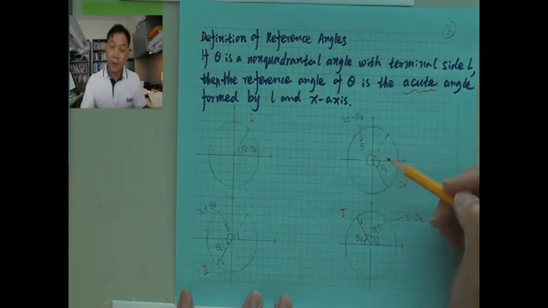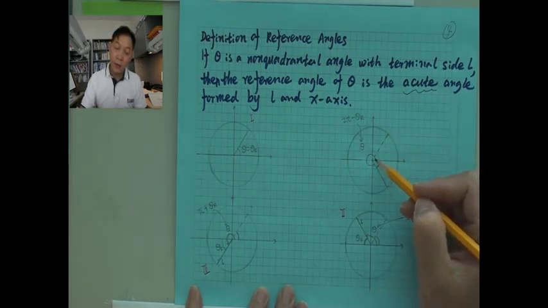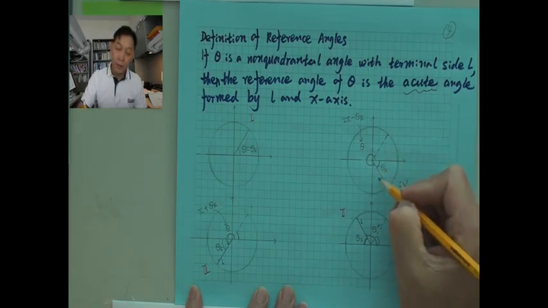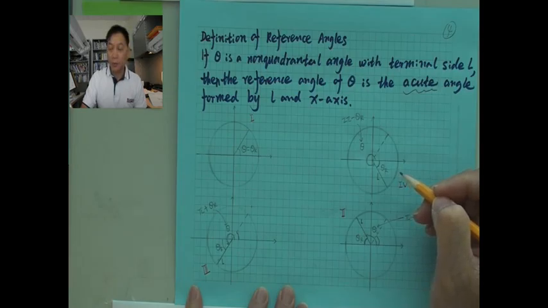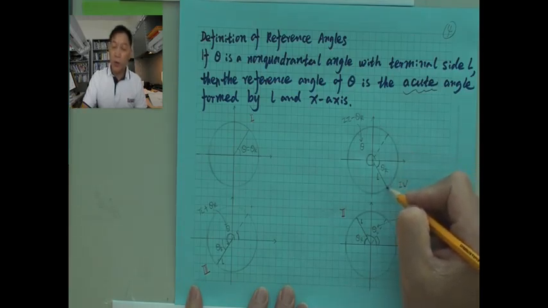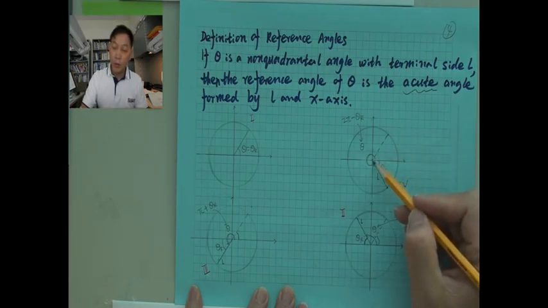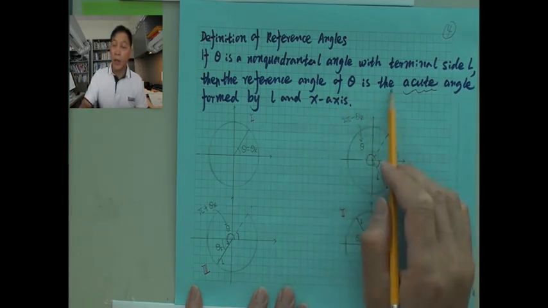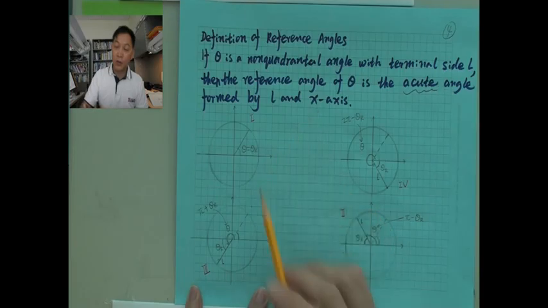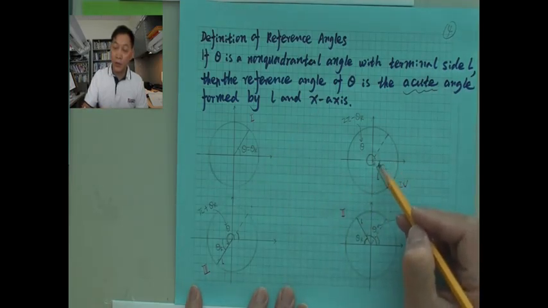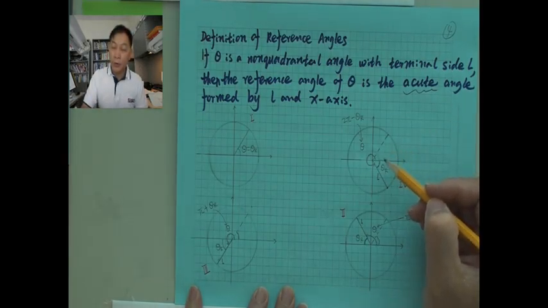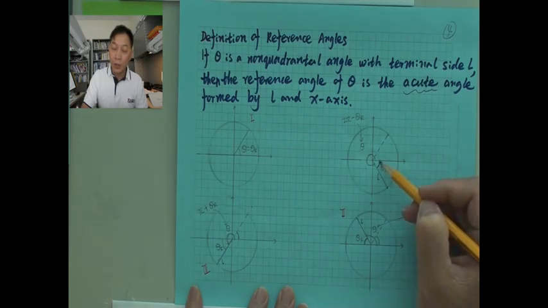Okay. Now, if the angle theta goes in this way, that's in the fourth quadrant. L here is in the fourth quadrant. Then between L and the x-axis, the acute angle formed by L and x is the reference angle. Again, I like to mark the angle which is equal to the reference angle in the first quadrant.